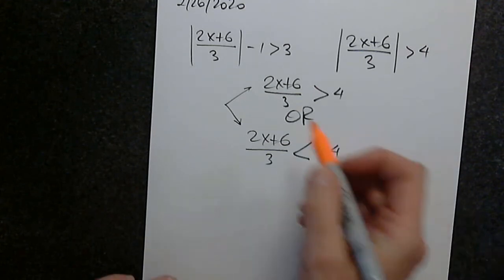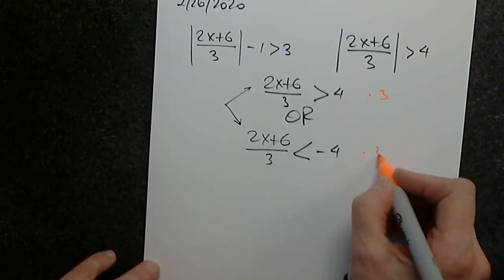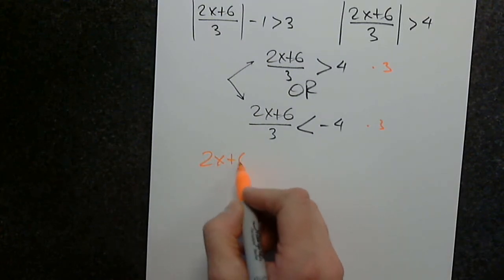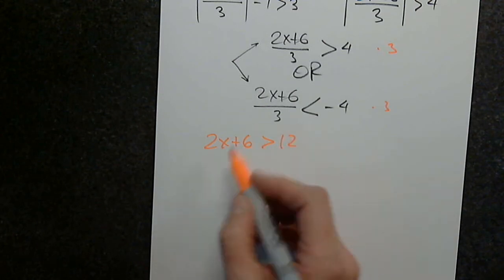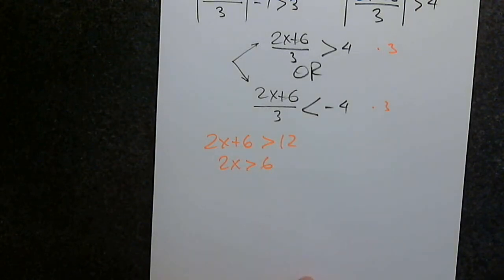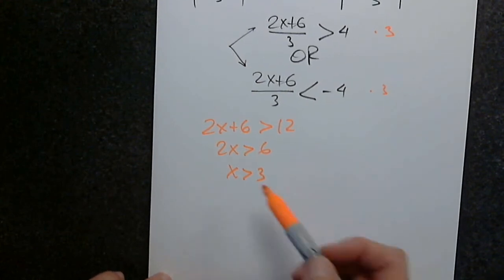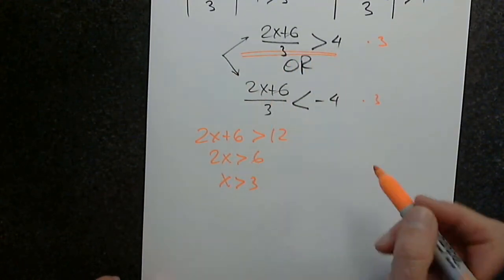Okay, so obviously I have to get rid of 3 here. So I will multiply by 3. You don't have to solve both at the same time. 2x plus 6 greater than 12. You are subtracting 6 to get this, and then you are dividing by 2 to get this. So this is the result for the very first one. For the second one, everything is the same.